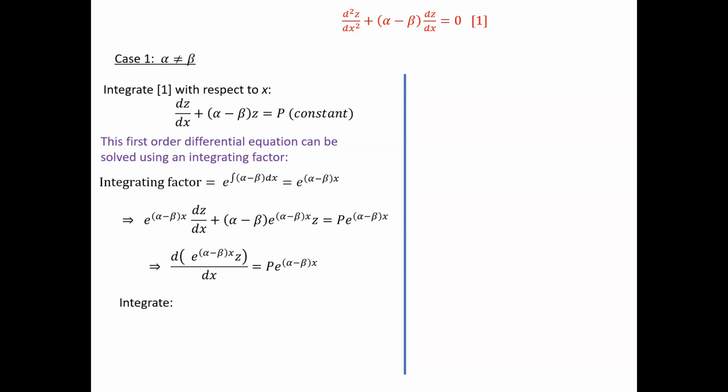The right-hand side becomes p over (alpha minus beta) times e^((alpha minus beta)x) plus a constant that we're going to call q.